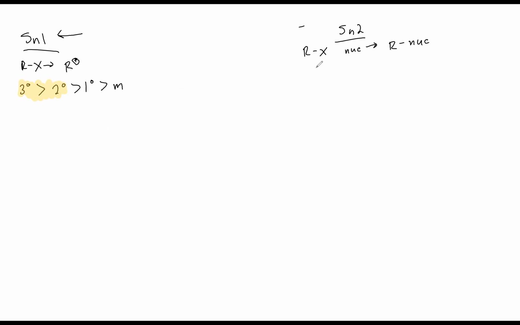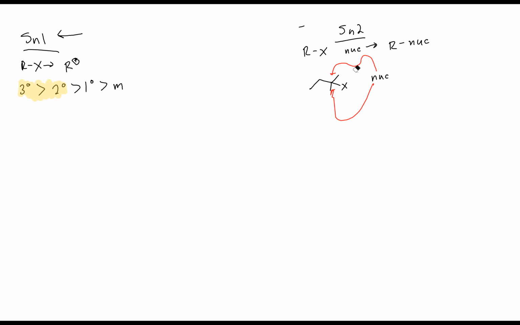So the idea here is let's say we have something like a tertiary alkyl halide. What will happen here is the nucleophile is going to have to sort of maneuver its way around those big groups, and it doesn't really like that.